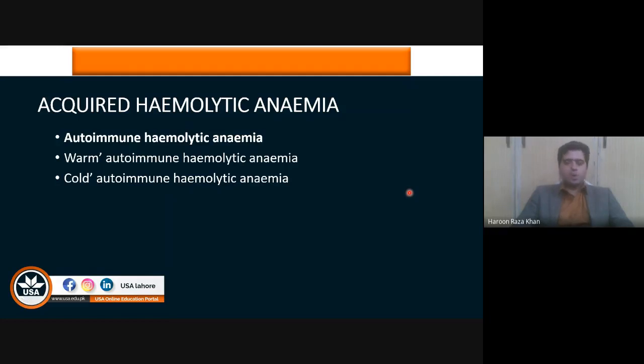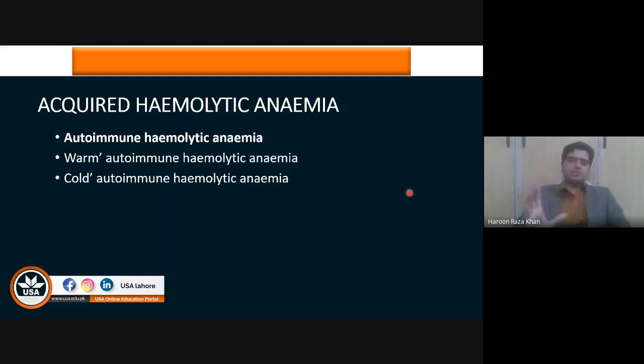When talking about cold antibodies, there is certain infection involvement, like mycoplasma and infectious mononucleosis, and even lymphomas have been associated with cold antibodies. So this is an interesting comparison between the warm and the cold one. For better or detailed understanding, you can consult your book. So class, we will now talk about the warm autoimmune hemolytic anemias in greater detail.